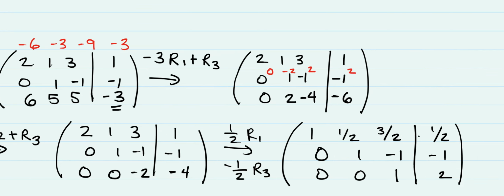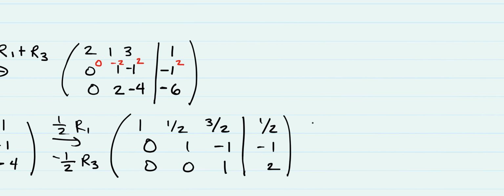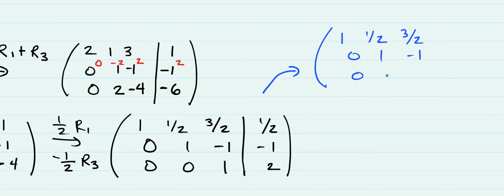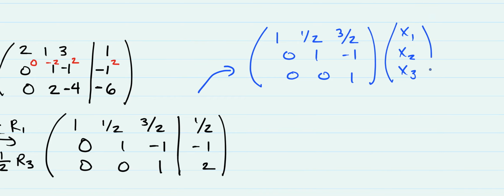So let's take this and realize that this is the same thing as 1, 1/2, 3/2, 0, 1, -1, 0, 0, 1 times x1, x2, x3. This is equal to 1/2, -1, 2.